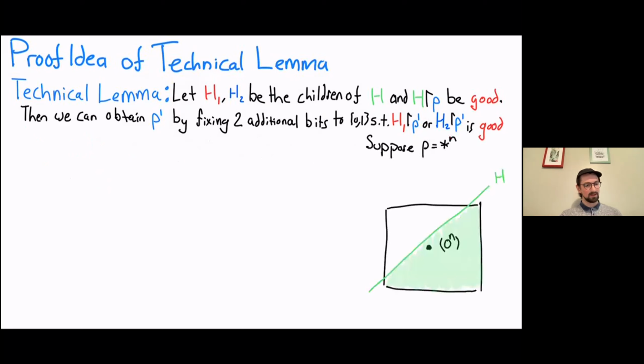Okay, and we're going to assume that rho, the restriction I've stated in the lemma, is just the all star restriction. It doesn't change anything in the proof. So here's the half space. The stuff colored in green is the stuff that falsifies the half space. In particular, we know that the all zero point is falsified by it.